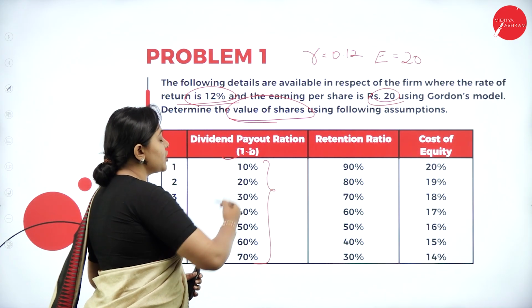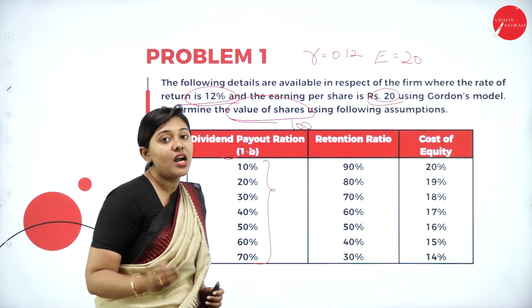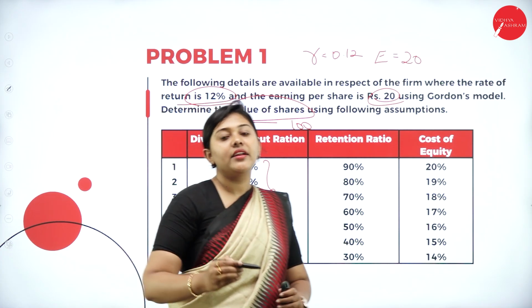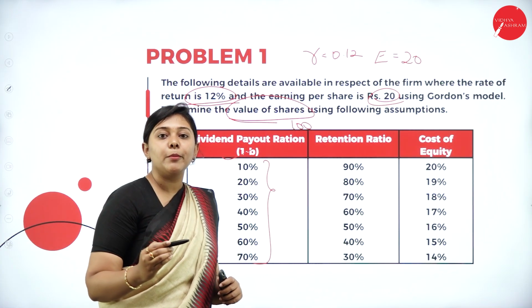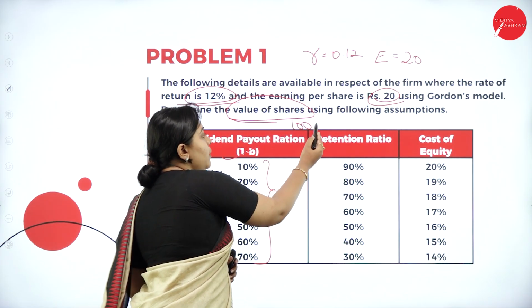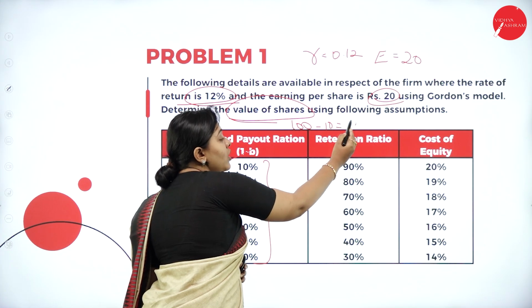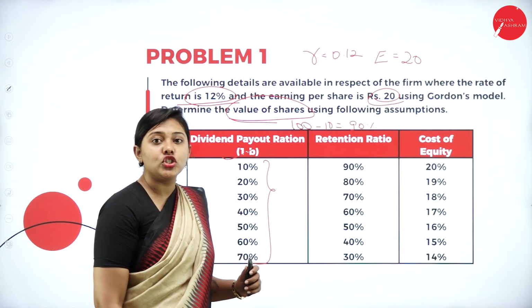We are assuming profit as 100 rupees. In that 100 rupees, the dividend payout ratio is 10%. The remaining 90% is your retention ratio.